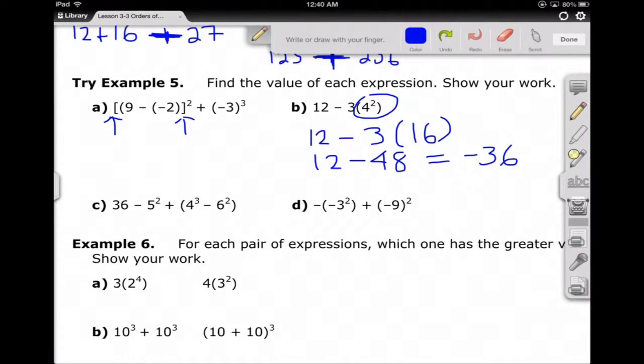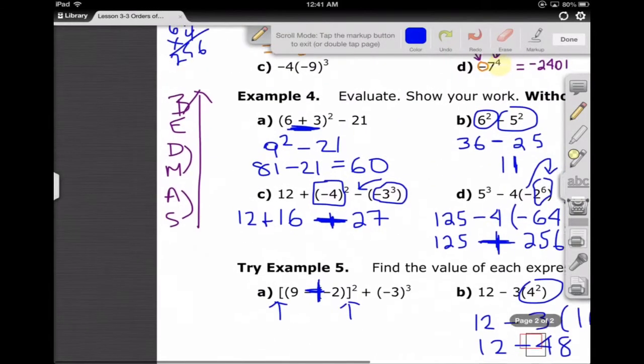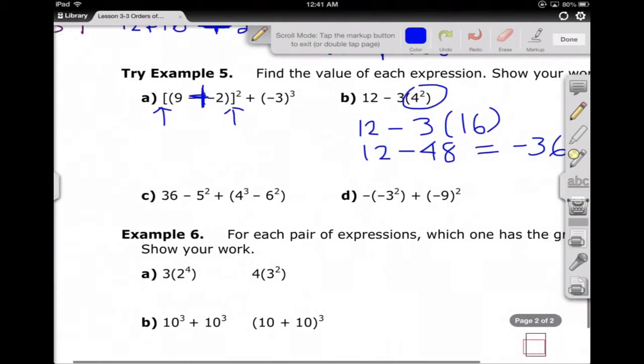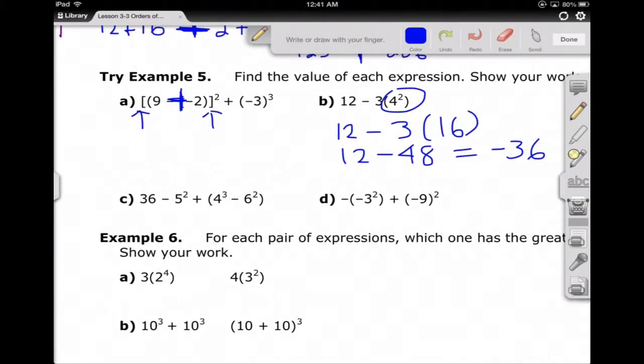What I know is I have to go inside the brackets before I do the exponents. 9 decreased by minus 2. That's 9 plus 2. That's a double minus right there. So I'm inside the brackets because brackets is, according to our rule, highest priority, right? This is 11 squared plus negative 3 to the third power.